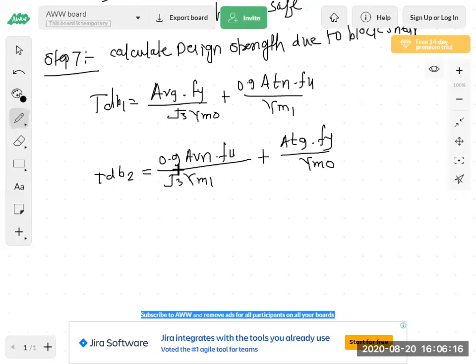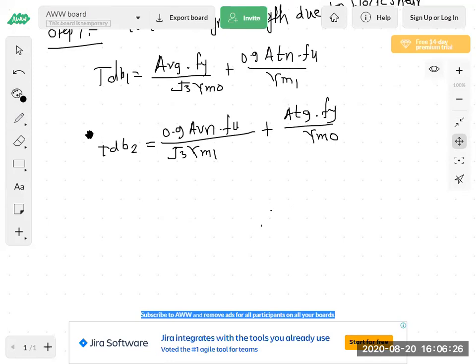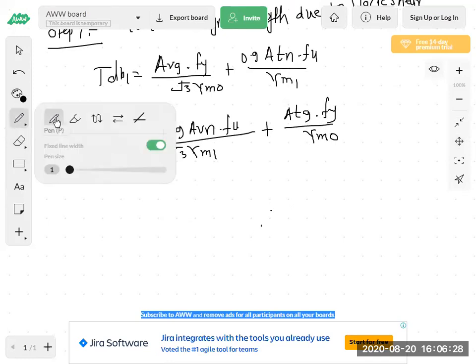In the exam, it is fine even if it is not calculated for a welded connection. But if we have to calculate, how it is calculated, that we will see here.